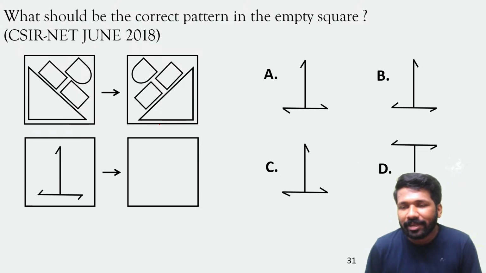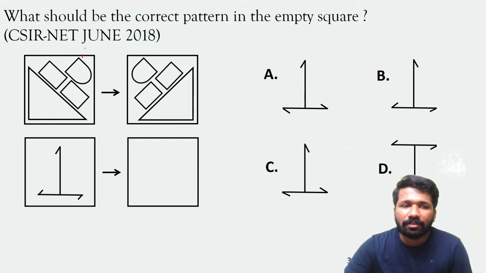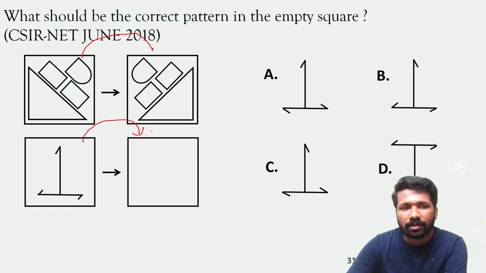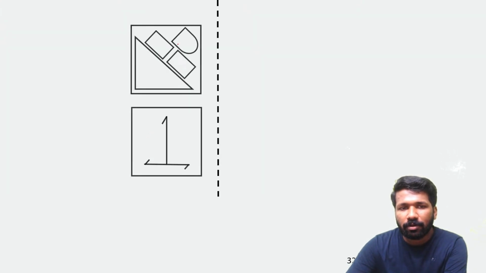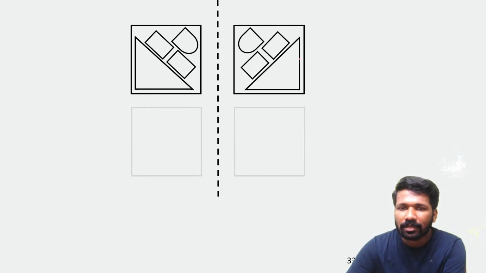What should be the correct pattern in the empty square? Mirror image is the idea. This pair you look at and then apply it to this pair. Look at this mirror image, this mirror image, this triangle mirror image.